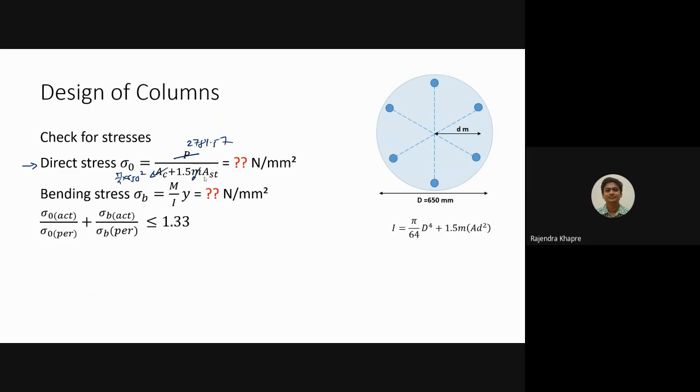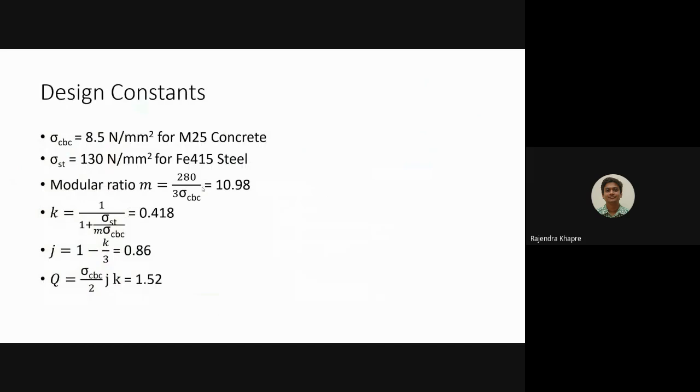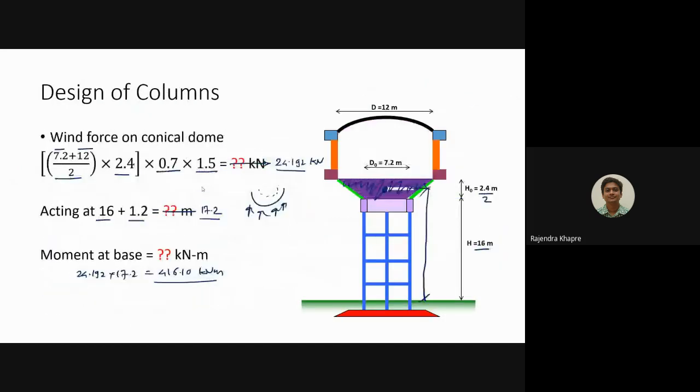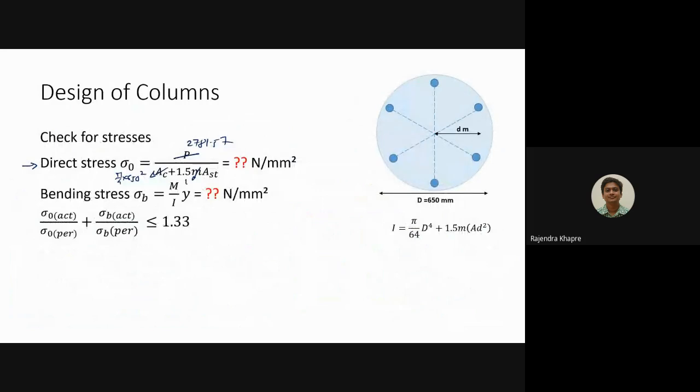The m value, I think we have already calculated in the initial, that is 10.98. And AST is nothing but pi by 4 into 25 square into 6. Number of bars are 6. How much is sigma 0 direct stress?